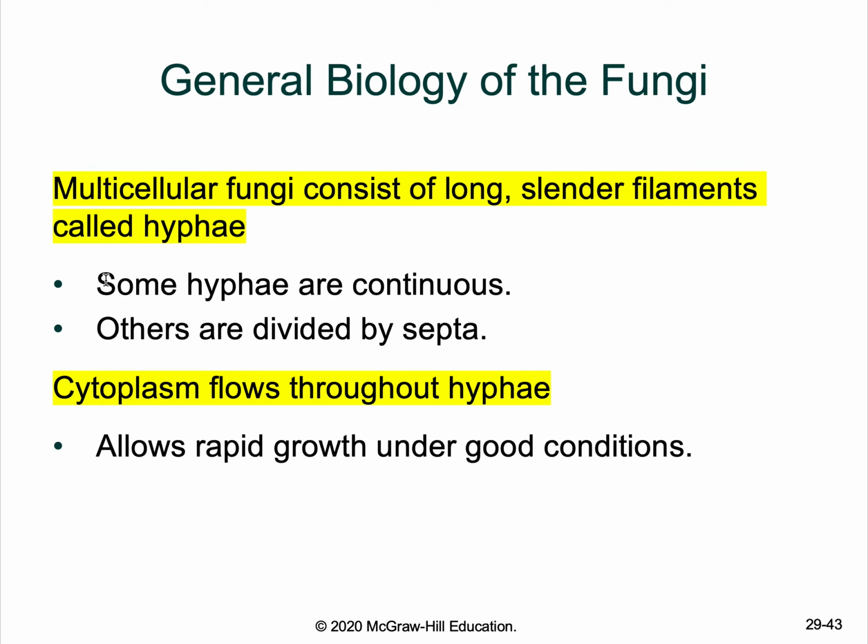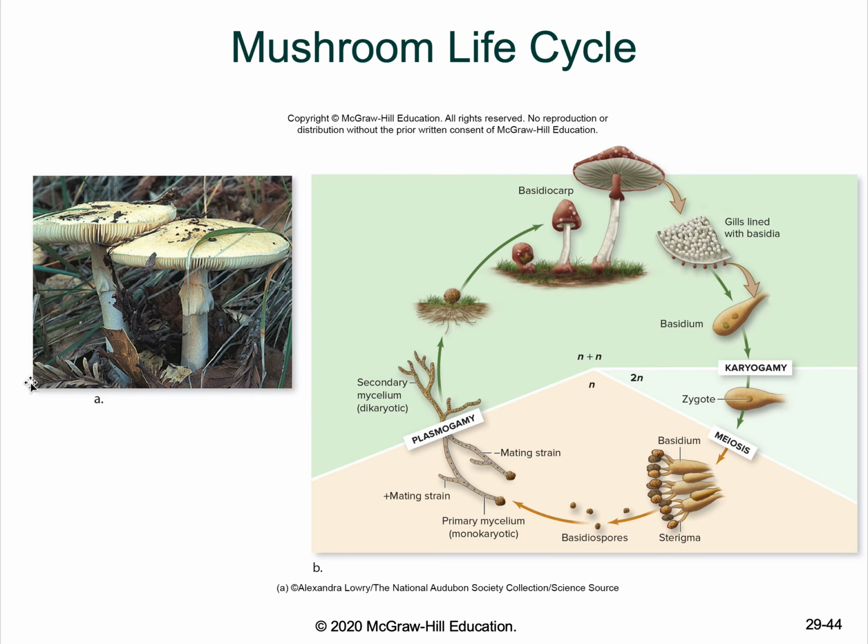And so you can have a lot of hyphae that are connected to each other, and they form what we call filaments. If you have a mass of something, that's called something else, but I really need you to remember this, the hyphae. They have long, slender filaments called hyphae, and let me just go to this picture so it makes a little bit more sense.